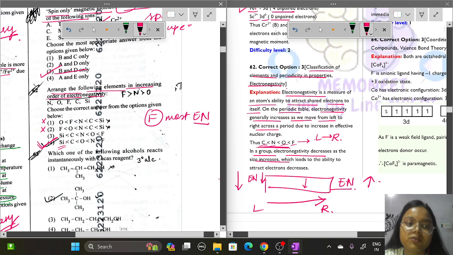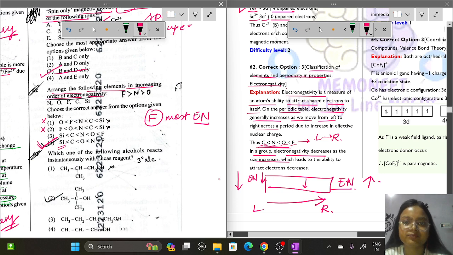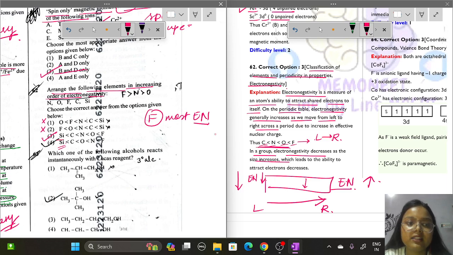So option number 3 will be the correct order: silicon, then carbon, then nitrogen, then oxygen, then fluorine. Option number 3.